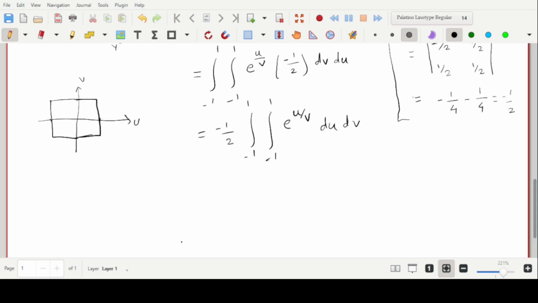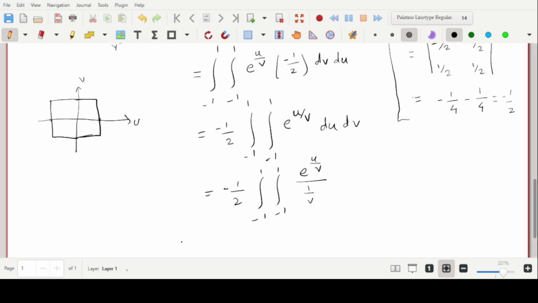Here I am facing the difficulty of integrating with respect to v first. Now since u is in the numerator, we can relatively easily integrate with respect to u. It is like e to the power constant multiplied by u, where the constant is 1 over v. So the integral will be e to the power u over v divided by 1 over v.